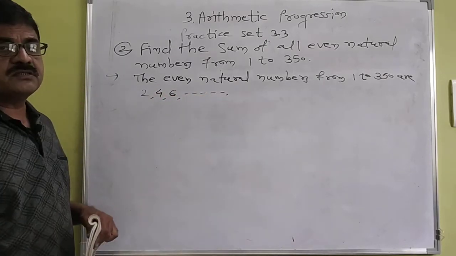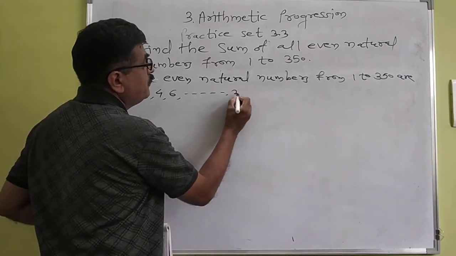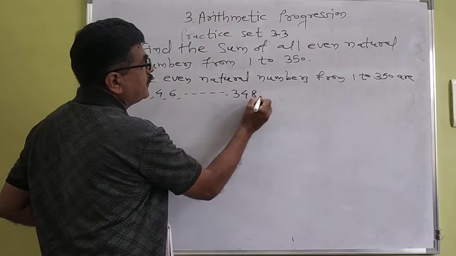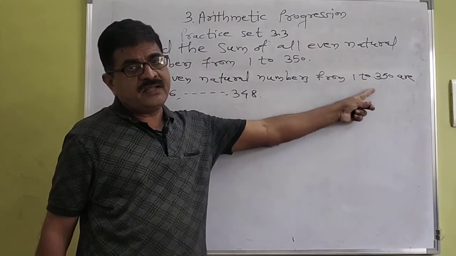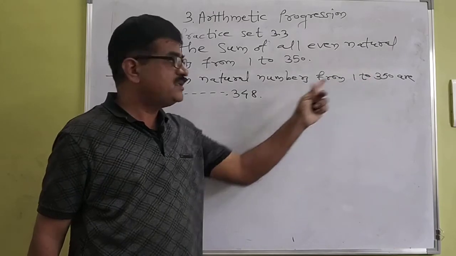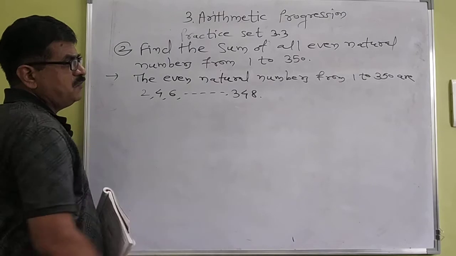Now what is the last even natural number? Up to 350 means take 348. If the given range includes 350, then take 350, otherwise take 348. Now these are the numbers.